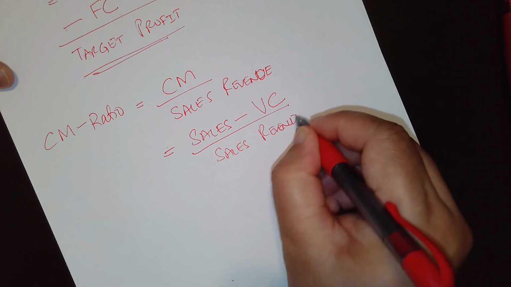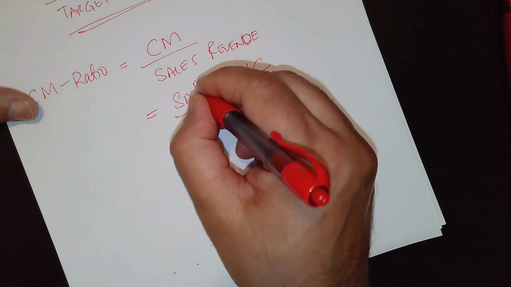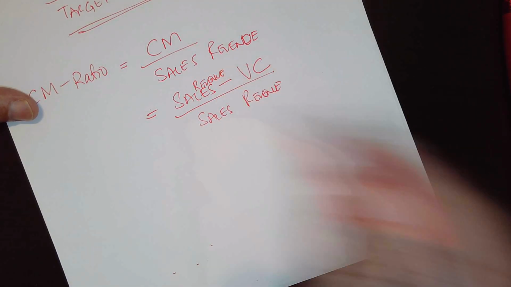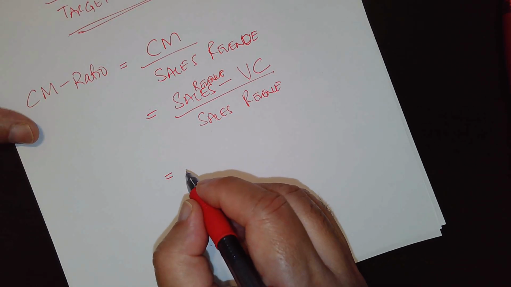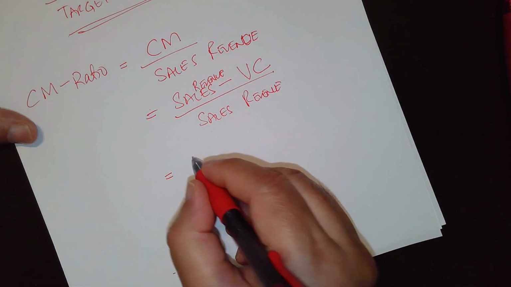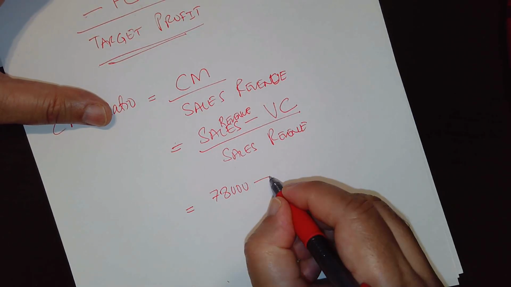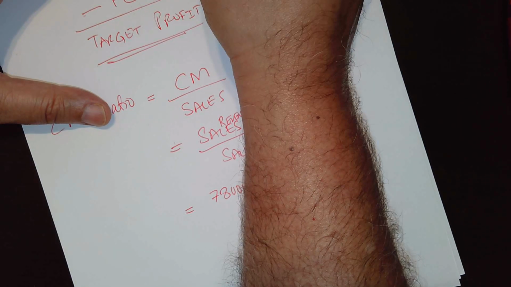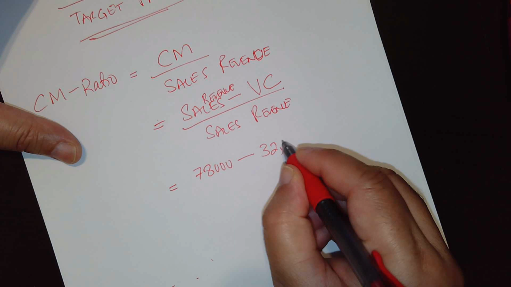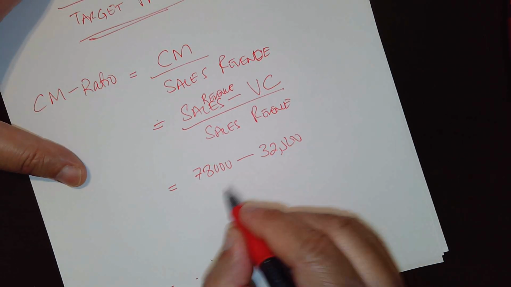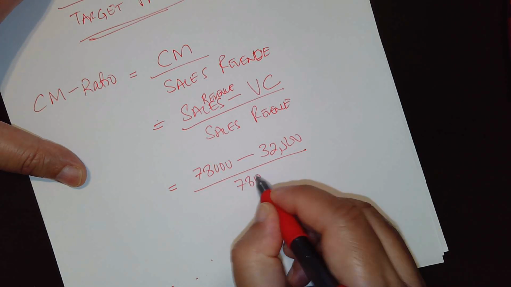Sales and sales revenue are the same thing, so if you get confused, make sure you know they are the same. So we calculated sales revenue per show as $78,000 minus the variable cost of 32,500, divided by the sales revenue of 78,000.